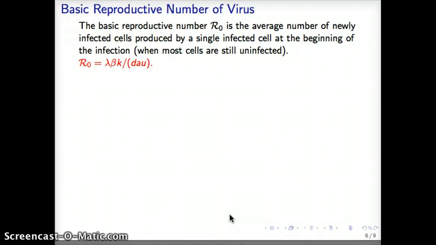So for the mathematical model that we just derived, those three nonlinear differential equations, R0 is an expression that involves lambda, beta, and k in the numerator, divided by the product d, a, and u. And as you may remember, these rates, d, a, and u, are the rates of decay for each of those populations.